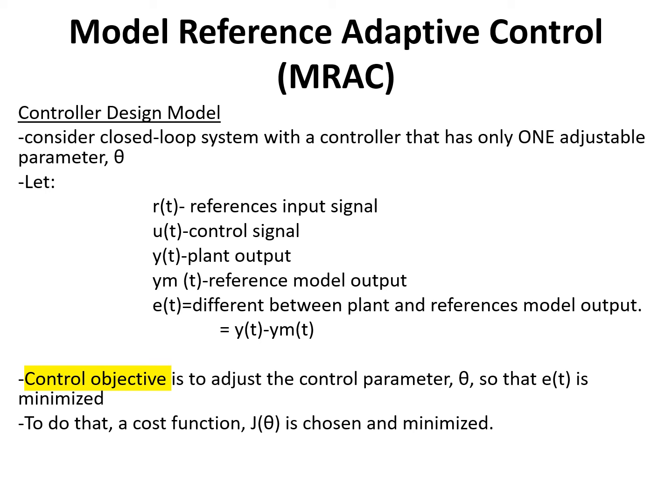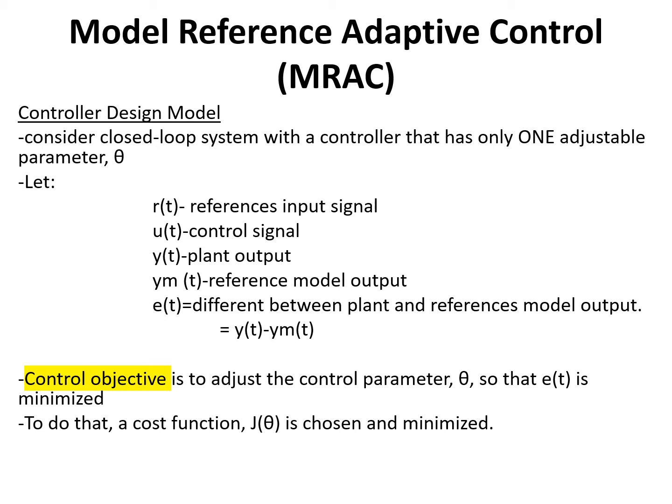Controller design method for MRAC. Consider a closed-loop system with a controller that has only one adjustable parameter theta. Let r(t) equal the reference input signal, u(t) the control signal, y(t) the plant output, ym(t) the reference model output, and e(t) the difference between the plant and reference model output, y(t) minus ym(t).